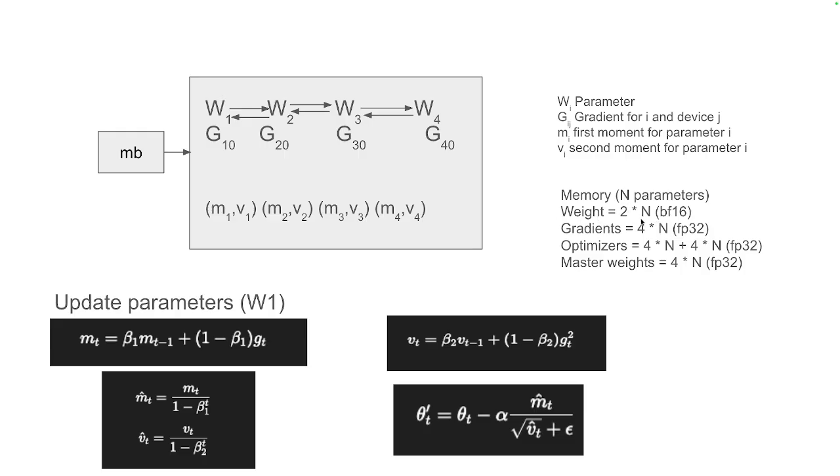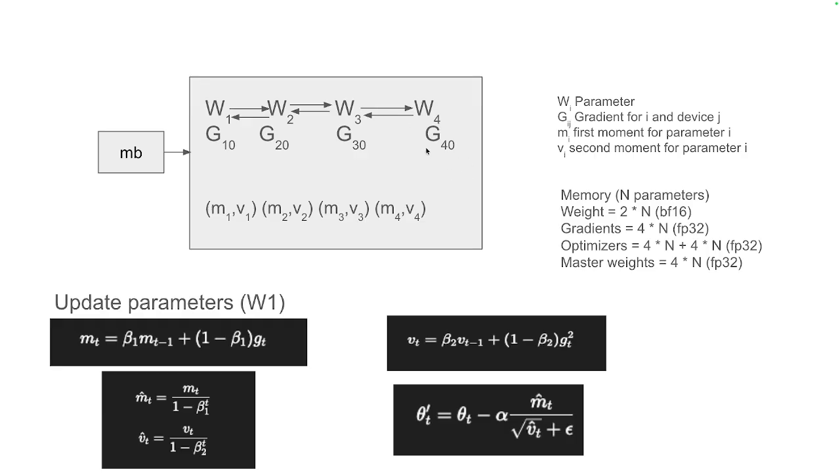If you have n parameters, then you would have 2 times n, because this is BF16 or FP16, which is 2 bytes per parameter. This is the amount of memory that will be consumed by the weights.